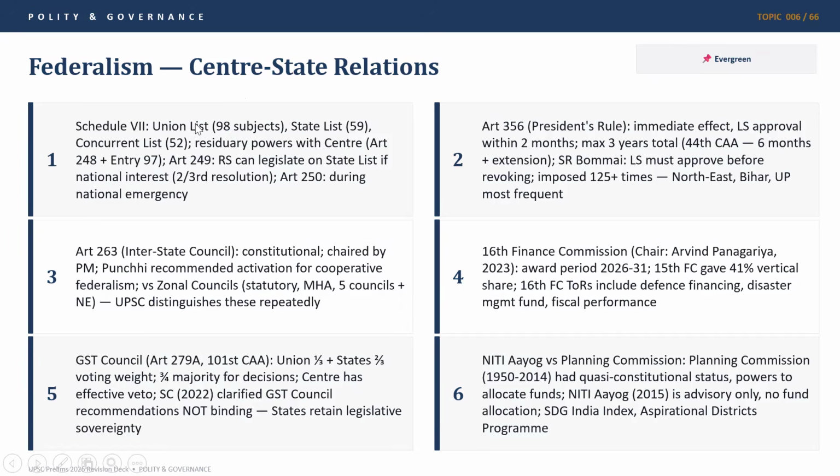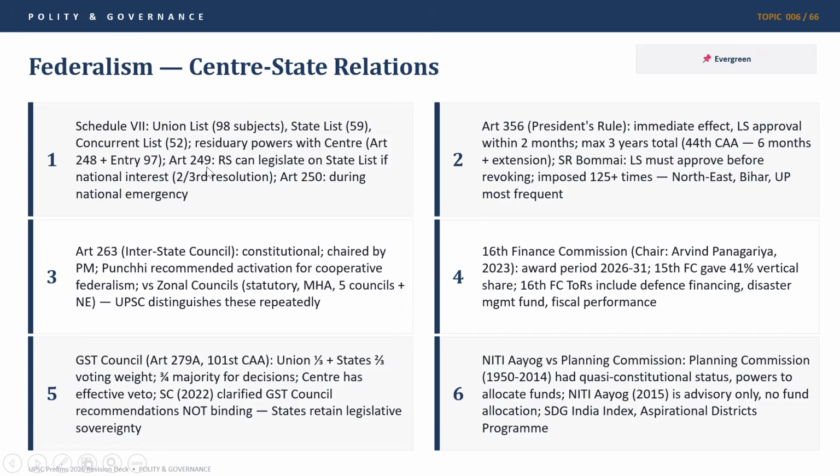Schedule 7 has lists related to powers of union, state, and concurrent. Union has 98 subjects, state has 59, concurrent has 52. The article related to it is 248 in the Constitution, and entry 97 says that residuary powers lie with the center. Article 249 states that Rajya Sabha can legislate on the state list if a national interest issue is concerned.